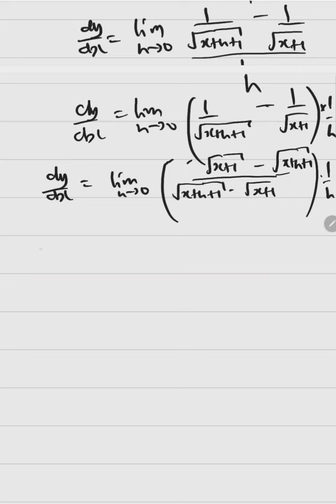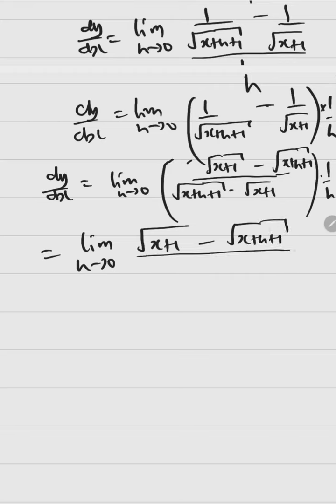So if you proceed further, then I'm going to have the limit as h tends to 0 of square root of x plus 1 minus square root of x plus h plus 1, divided by, what will be the product of this? Recall from your laws of surds, whenever you have square root of a multiplied by square root of b, it is the same thing as square root of ab.